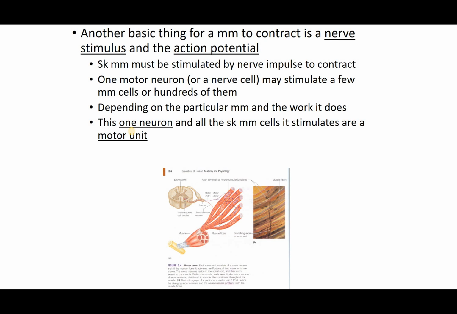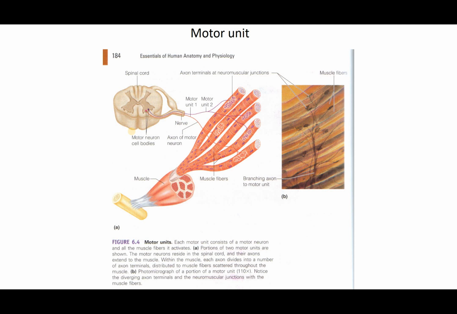Okay, as you can imagine, those are different activities. And our bodies know how much to use, the correct dose, shall we say, for the activity. Okay, it does that through our motor units.